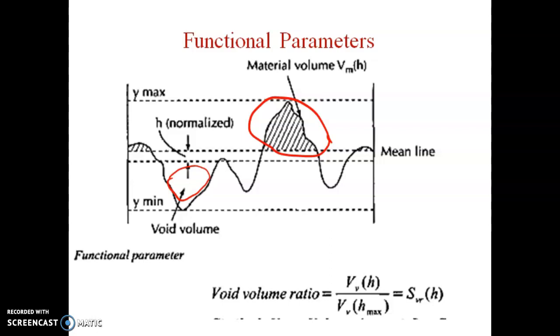For example, the functional parameter void volume ratio is calculated by this equation, and it is represented by Svr.